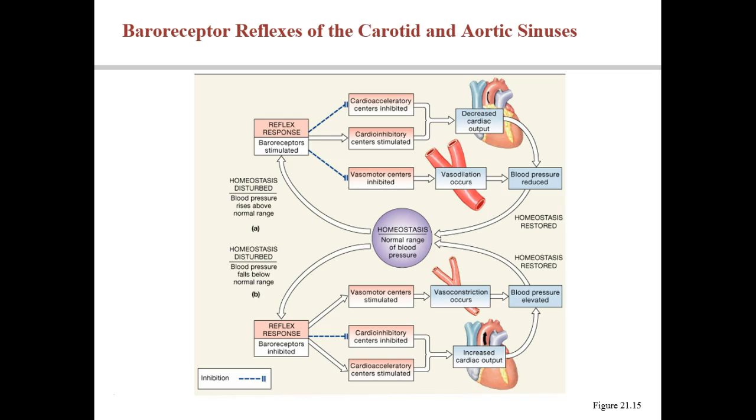And one of the reasons why I went through this, and I have a few of these to show you, is so that you can see how easy it is to study these after you know what's going on. So we'll go through the bottom one also. If you have a fall in blood pressure, the opposite's going to happen. You have vasomotor centers stimulated, so you have vasoconstriction.